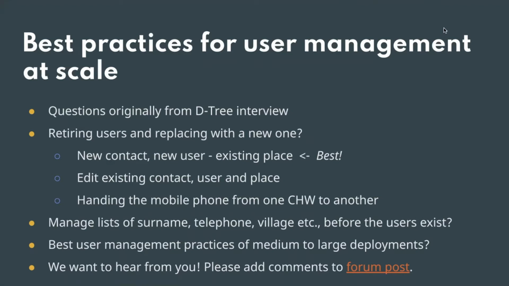Next up, we have editing the existing contact and user and place. What this would mean is that instead of creating a new record, you're just going to reuse all the records in place. You would change names for the contact, maybe change phone numbers as needed. The user name itself is actually immutable.